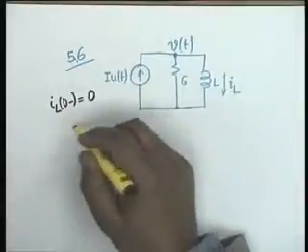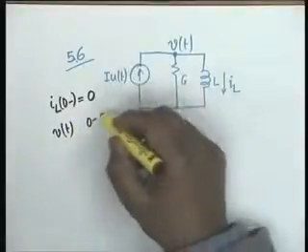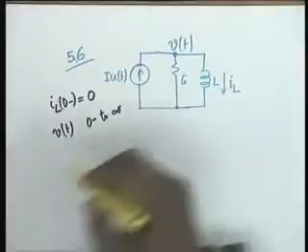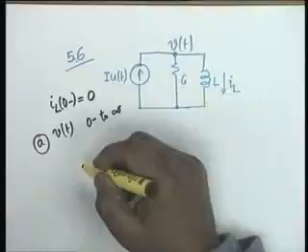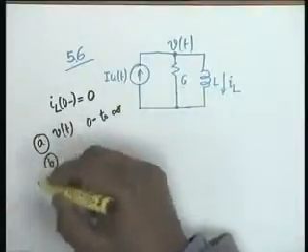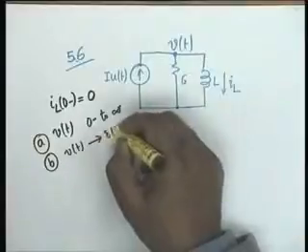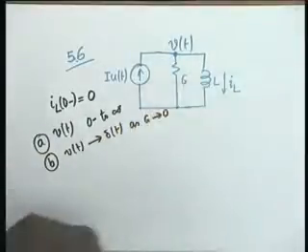What you have to find out is v(t) for 0- to infinity. This is part A. Second, you have to show that v(t) approaches delta(t) as G tends to 0.